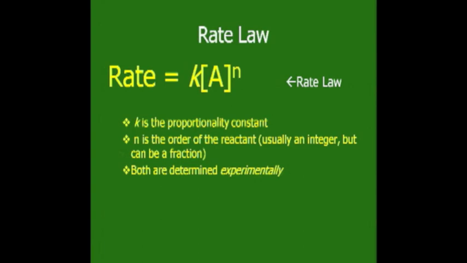Usually it is the value 0, 1, or 2, but it can be a larger integer and occasionally a fraction. Both K and N must be determined experimentally. Remember that graph we finished talking about? Well, be prepared to look and create a whole lot more of them in class. In the meantime, let's go ahead and write some general rate law equations, just to get us started.